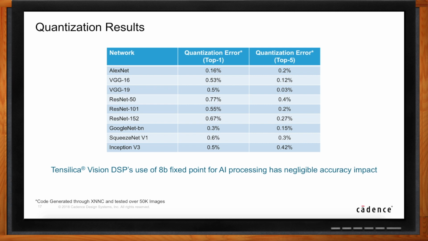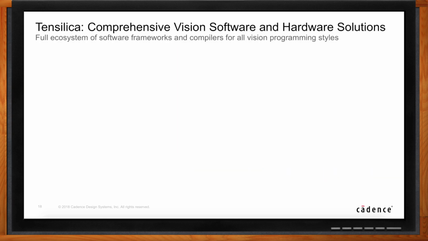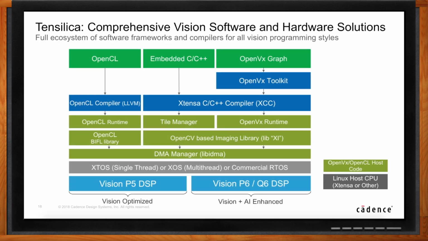Okay, now we've been talking about AI a lot. Let's look more closely at the vision side. As we talked about, the Vision Q6 is not only an AI DSP, but it's also vision focused. Our customers are focused on both vision and AI software, and we provide them the infrastructure for OpenCL, for OpenVX, and also for embedded C or C++ programming.